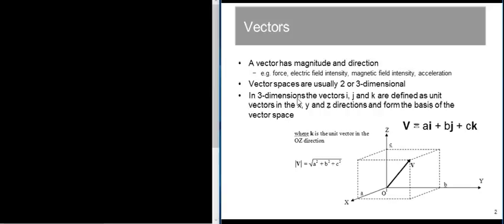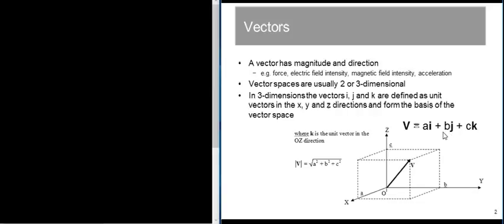As it says on the slide here, vector spaces are normally 2 or 3 dimensional, and we describe them in a way such that the vector v, so here's the vector v, is made up of 3 individual vectors in the 3 planes. So vector i is in the x-plane, and it has a magnitude of a.